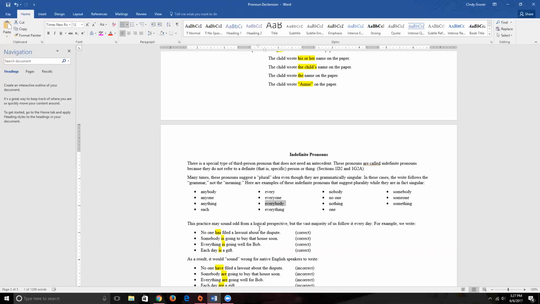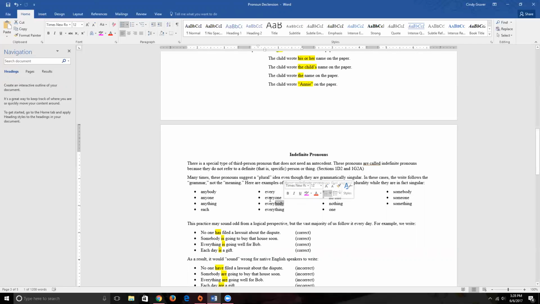For me, and I think for most people, it has this plural meaning. But let's look at the word. We know the word body is singular, so we're saying every body. If I wanted to refer to seven bodies, I wouldn't say seven body, I would say seven bodies. If I'm only referring to one body, I would say one body.